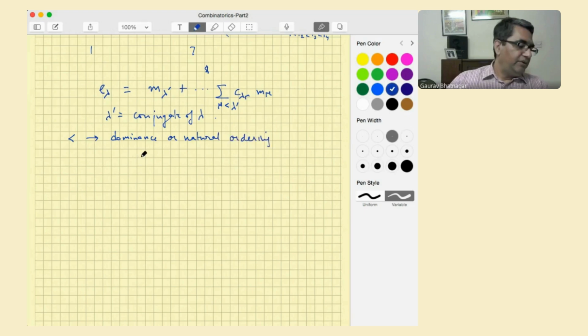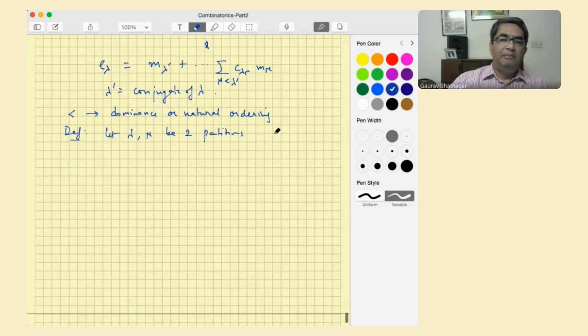Definition: let lambda and mu be two partitions, typically of some number, and you pad zeros. Mu is less than lambda if mu1 is less than or equal to lambda1, mu1 plus mu2 is less than or equal to lambda1 plus lambda2.